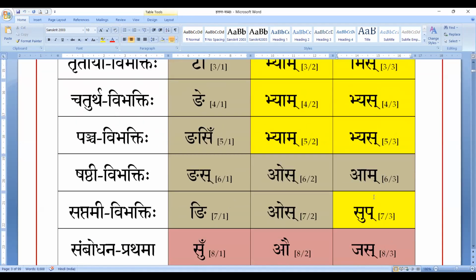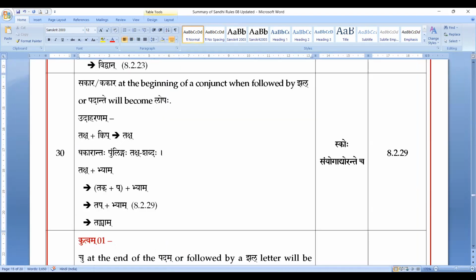When these pratyayas follow, the Pratipadikam enjoys Padasanya. Remember this, right? Now that is the example I have used here: Shakarantah Pullingah Taksh shabdah, Taksh plus Bhyam. Therefore, Taksh enjoys what Sanya?